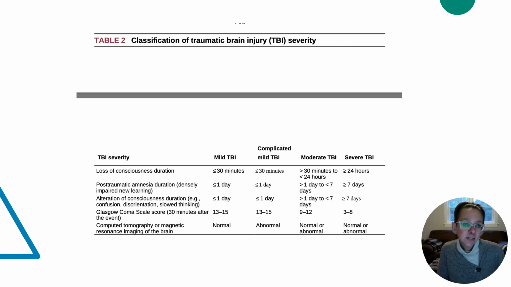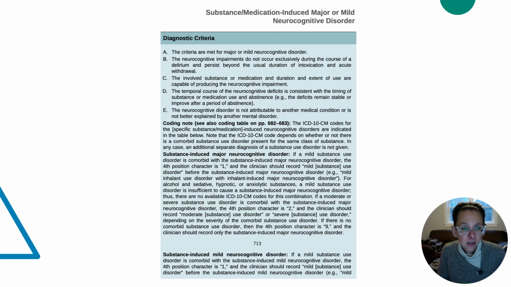And then here's classification of traumatic brain injury severity. You can look at that. And then substance medication induced major or mild neurocognitive disorder. So the criteria are met for major or mild cognitive disorder, not delirium.